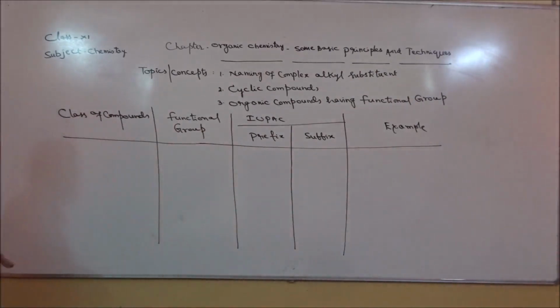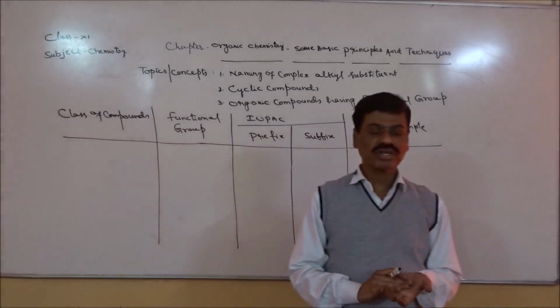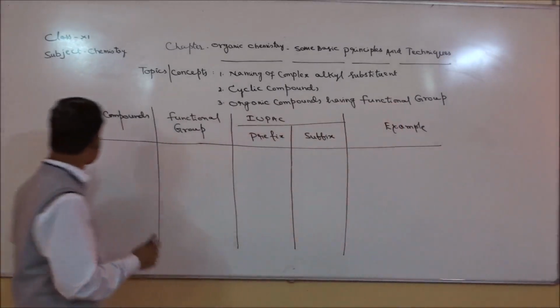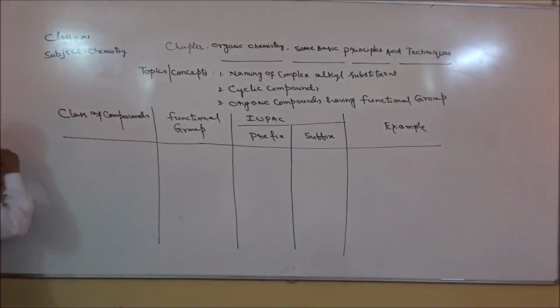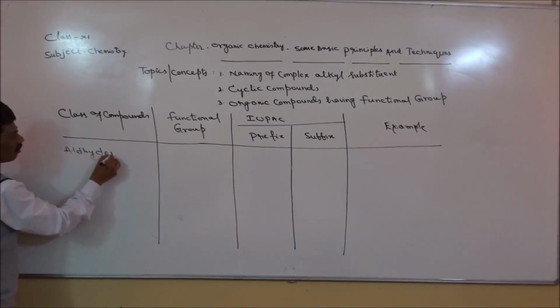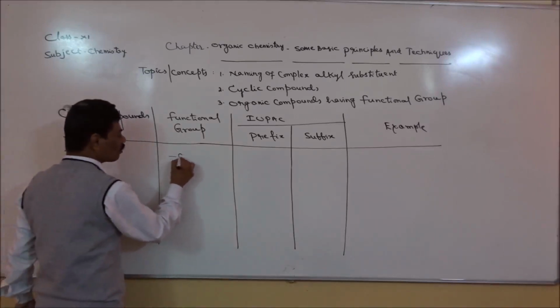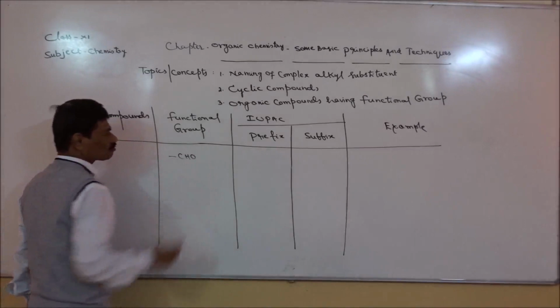Now we'll move to carbonyl compounds. Aldehydes and ketones, together known as carbonyl compounds. So among them, the first one, let us see aldehydes. The functional group is CHO.